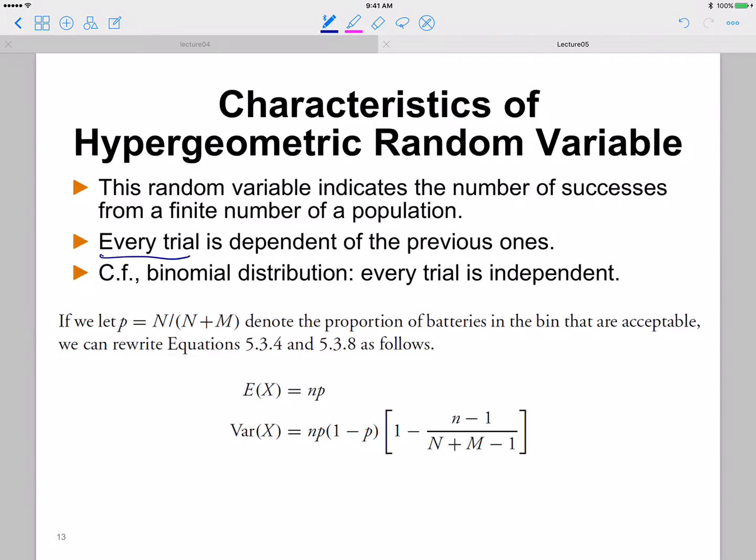So those trials will be dependent on all the previous events, and then we can also consider the probability. So this is the probability at the very first or the initial trial. So out of n plus m, we have n acceptable batteries. So this is the probability of picking up an acceptable battery at the very first trial.